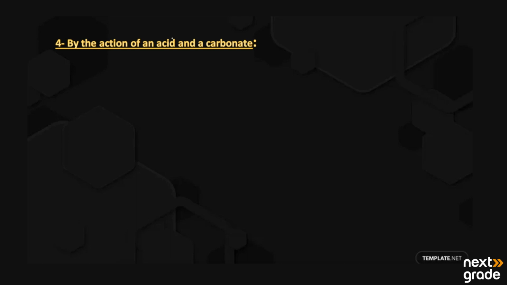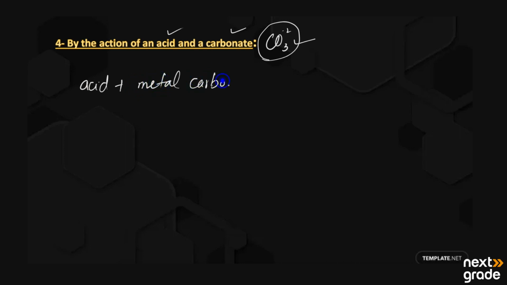So it is by the action of an acid and a carbonate. Carbonate means we have carbonate with any metal. So let's have an acid plus metal carbonate. Then we just gain the salt, carbon dioxide along with the water.